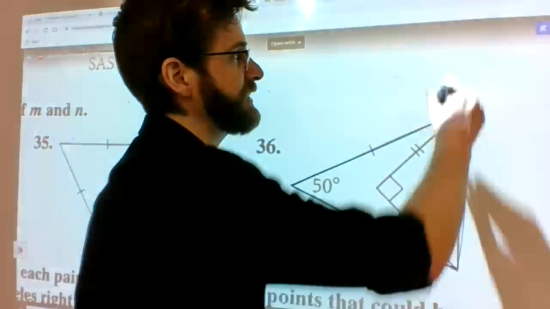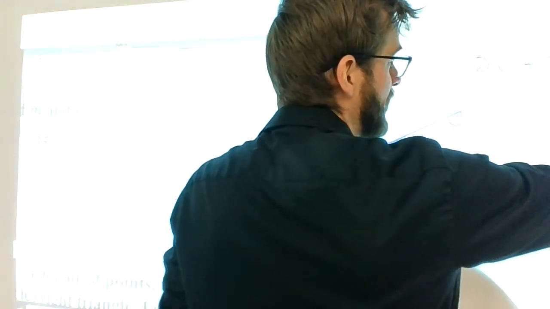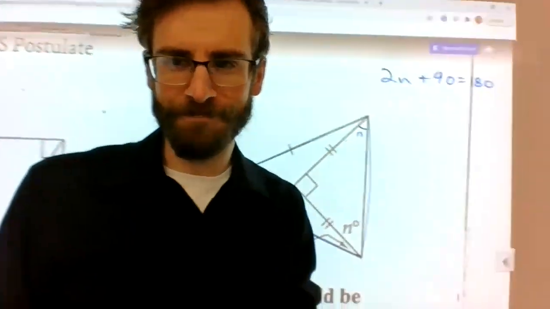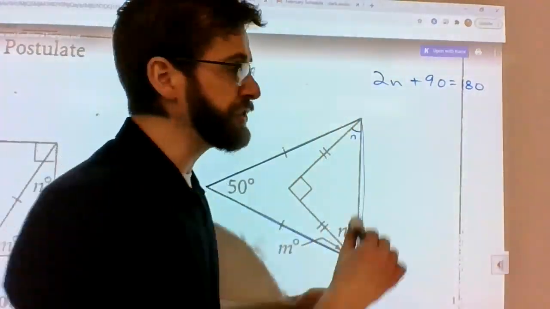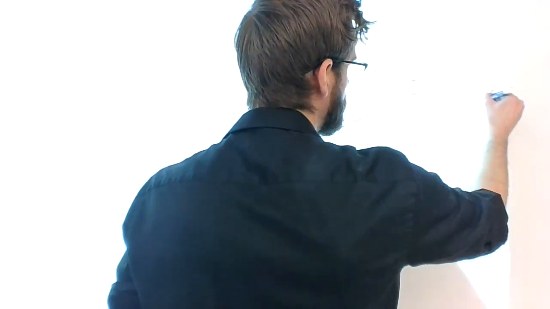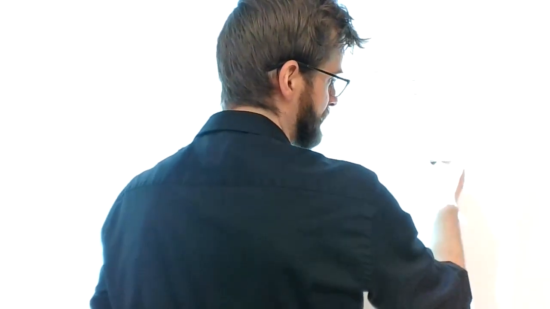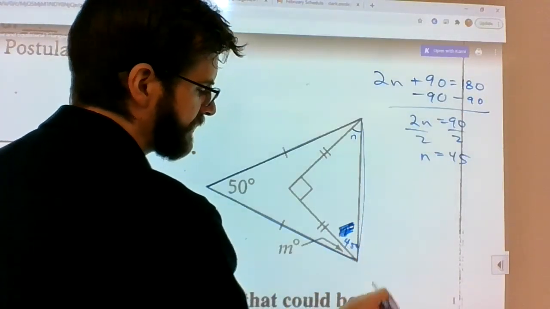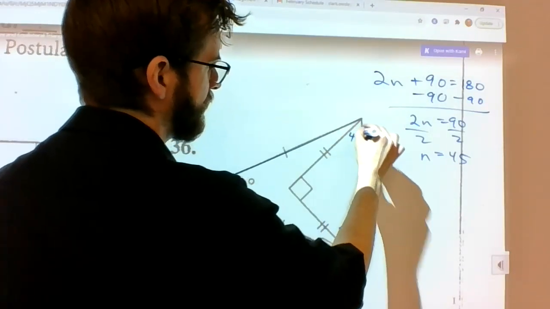So n plus n is 2n plus the 90. Those three have to add up to 180. When you solve that equation, you get that n is 45 degrees. So n, right off the bat, gives me 45 degrees. So 45 here, 45 there.